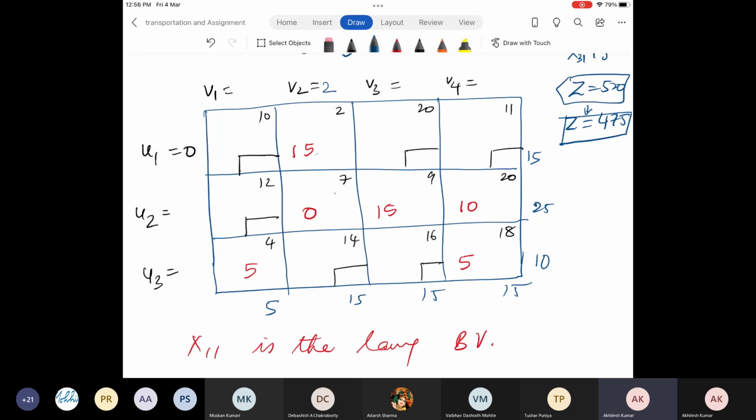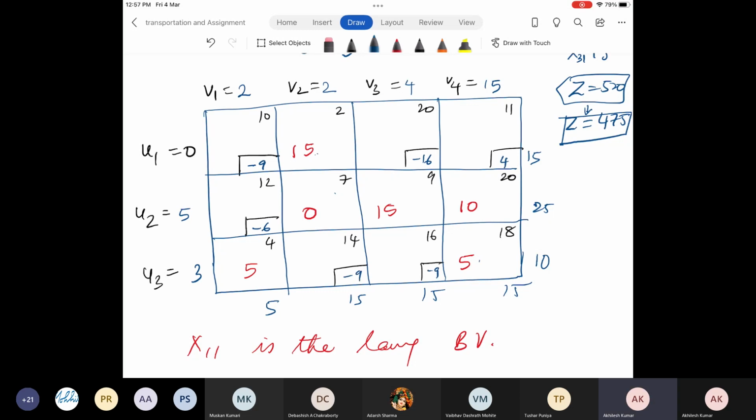Now come down here. Here you can find U2 equals 5. Now once you have found U2 equals 5, then find V3 equals 4 and V4 equals 15. Once you have found these numbers, from here you can find U3 equals 3, then V1 becomes equal to 2. Fair enough. Now you can find all the numbers: minus 9, minus 16, 4, minus 6, minus 9, and minus 9.